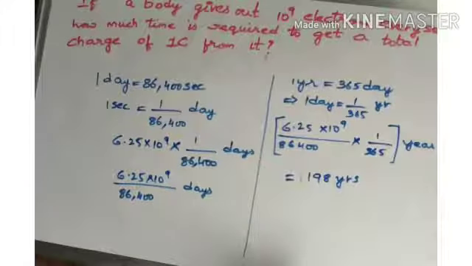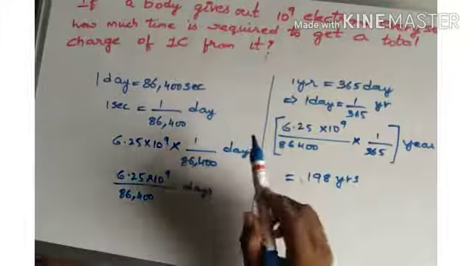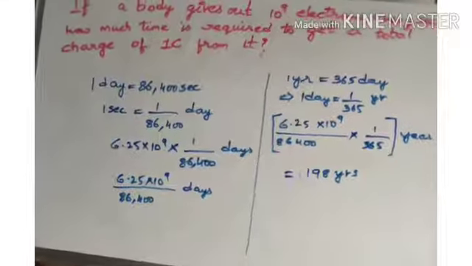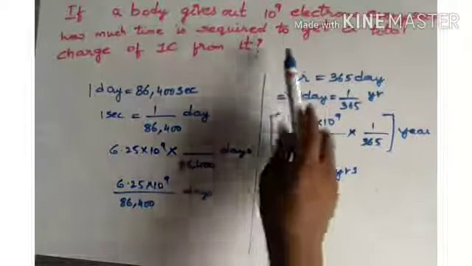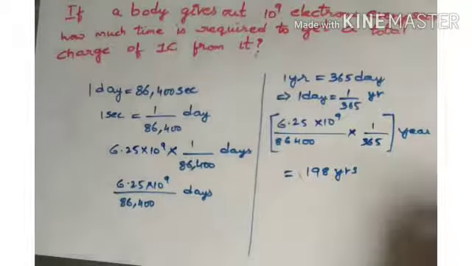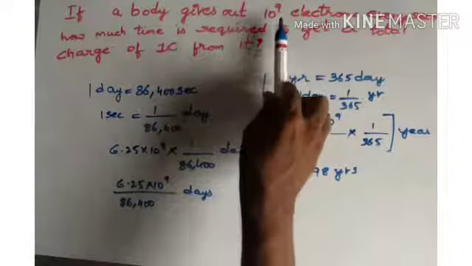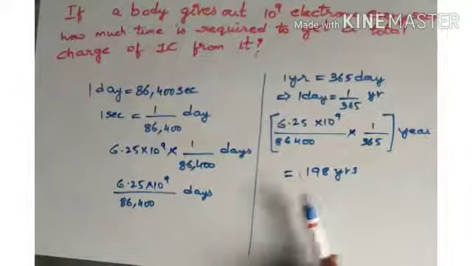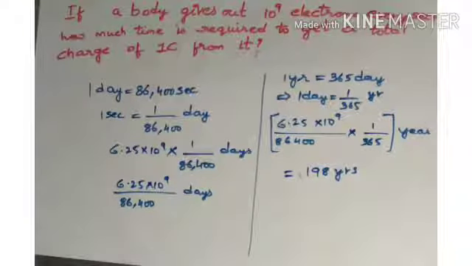So from this you can say 1 coulomb is a very big unit of charge. Even though we are taking out 10 to the power 9 electrons in 1 second, it is going to take 198 years to take out 1 coulomb of charge.